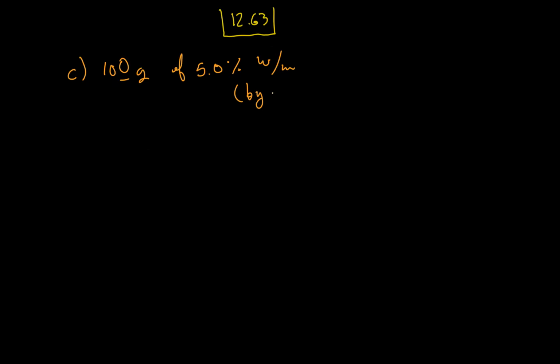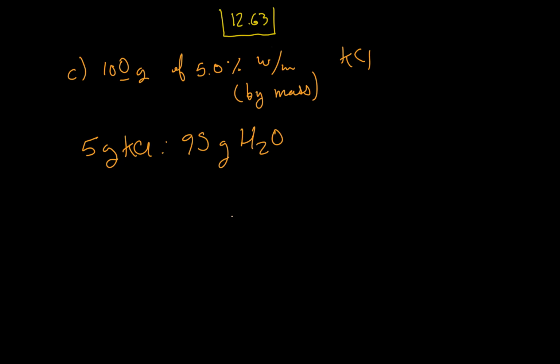That's weight over weight, the same as by mass, of potassium chloride. The way to read this is that in 100 grams of this solution, you are going to have 5 grams of KCl, and you are going to have 95 grams of whatever your solvent is, which we've just been assuming is water the whole time, but it's probably a safe bet.